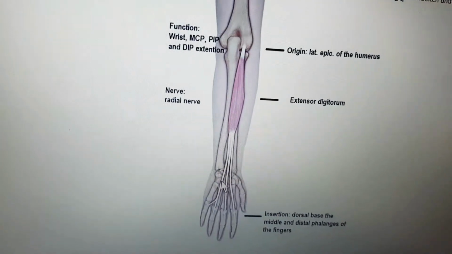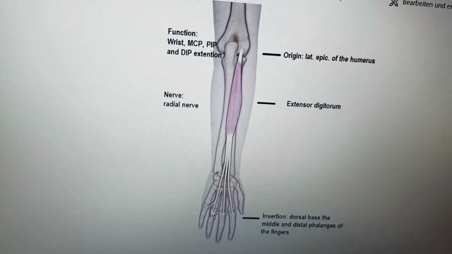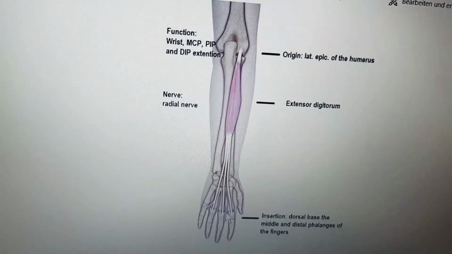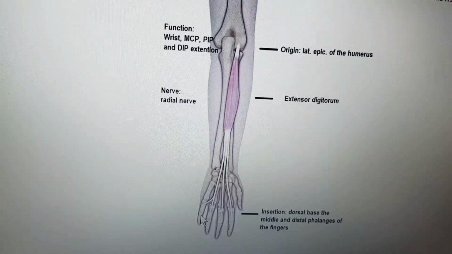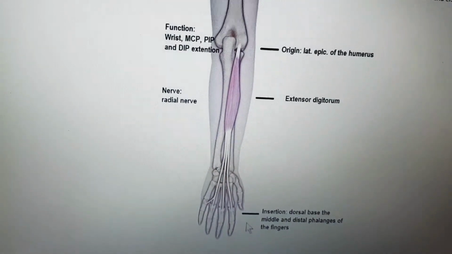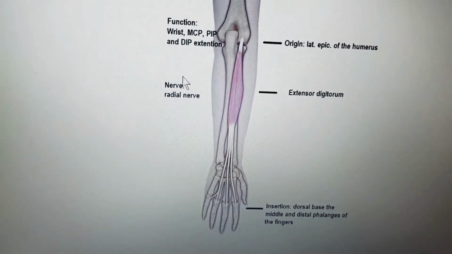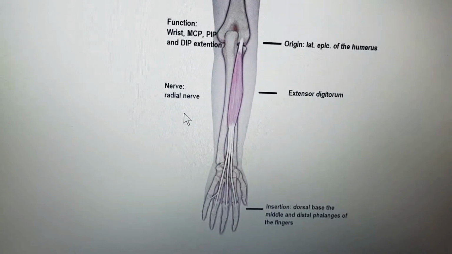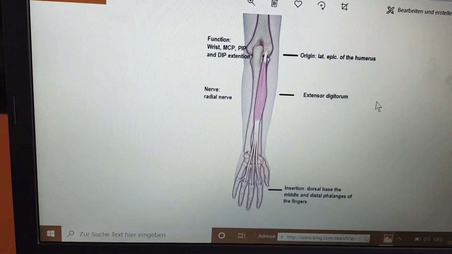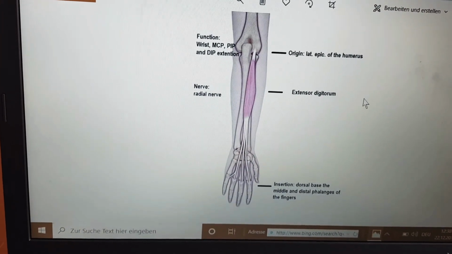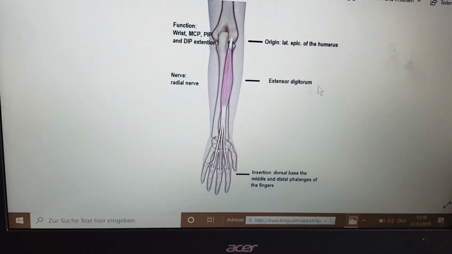The nerve supply of this muscle is the radial nerve. So this was the superficial group of the dorsal group of the extensor muscle of forearm.